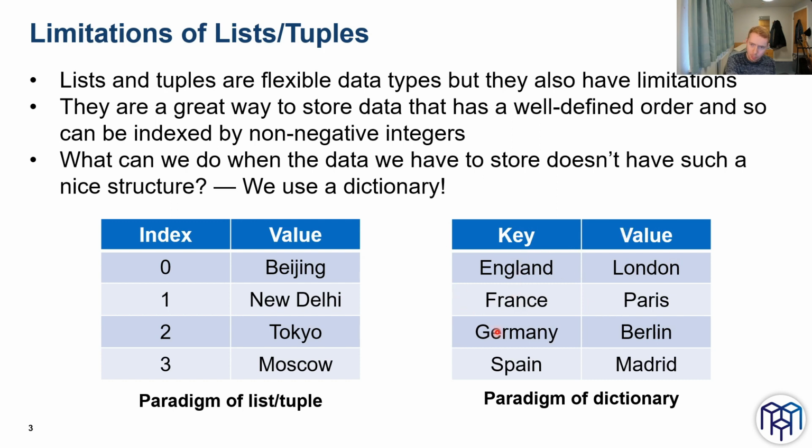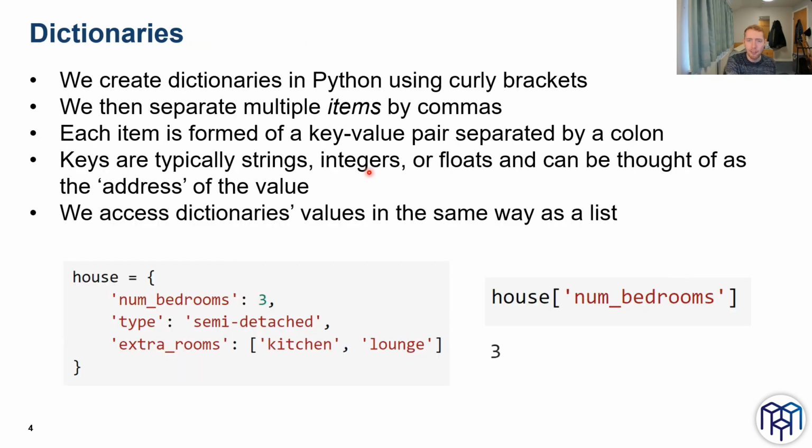The key France should map to the information of Paris. Each key value pair is called an item, and we represent it by writing the two values separated by a colon. The keys are the things on the left, and those are typically strings, integers, or floats. Those are kind of an address for some data, kind of the name of that data.